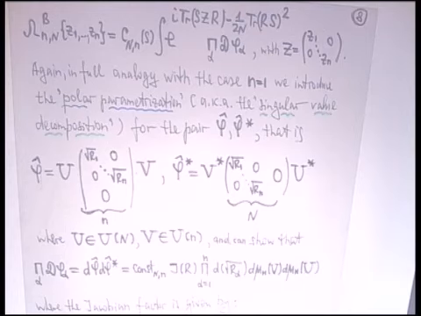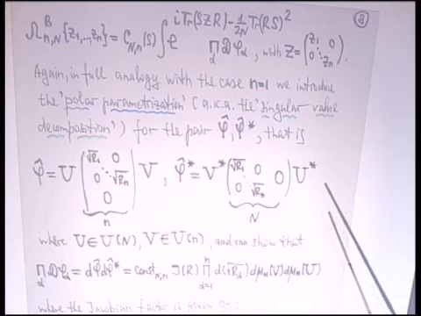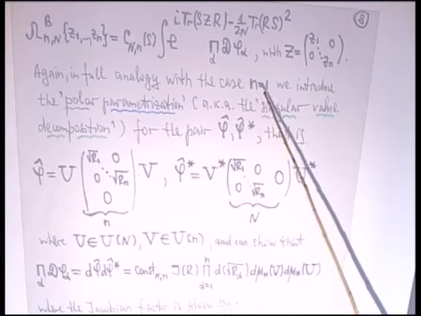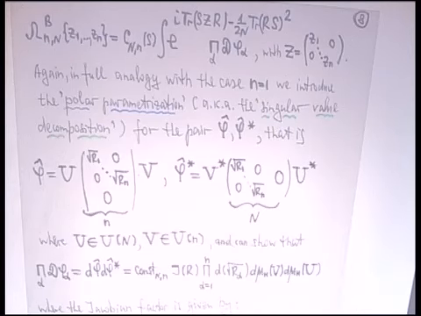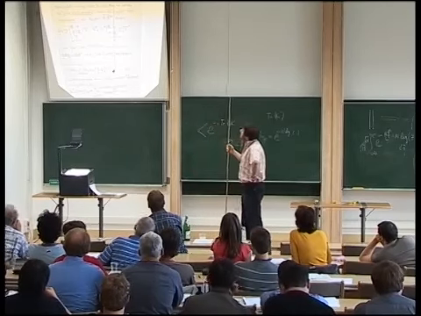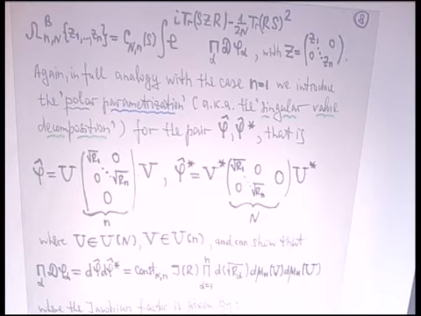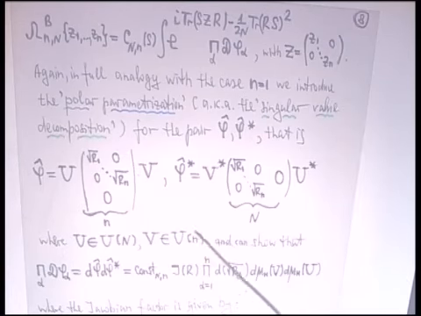In new coordinates, which were not yet introduced in full. In full analogy with the case n equal 1, we introduce the polar parametrization, which is now frequently called in the literature the singular value decomposition. I think this is even the more frequent name for it.